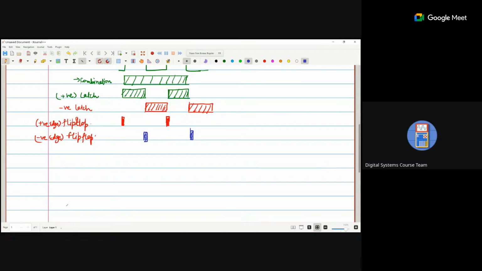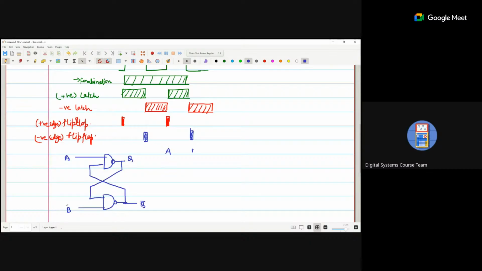Now if we design the latch using NAND gates, we require two NAND gates, this one and this one.